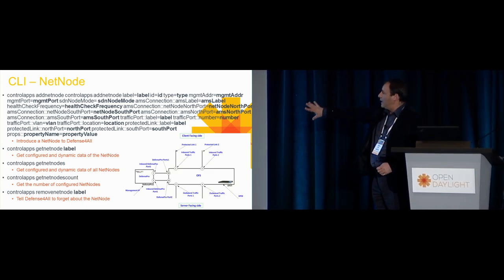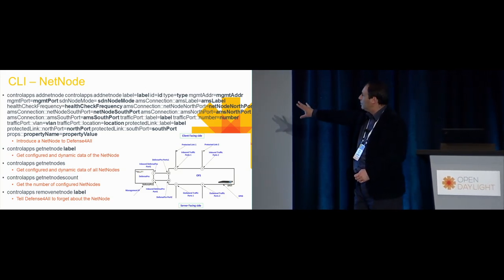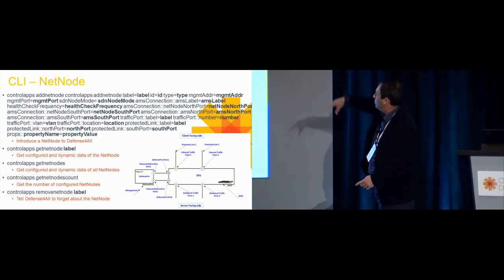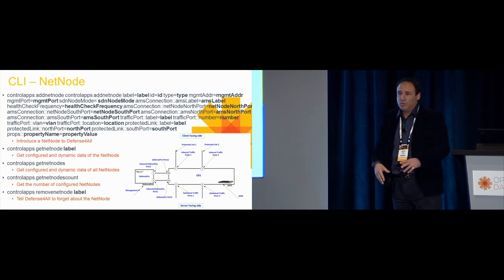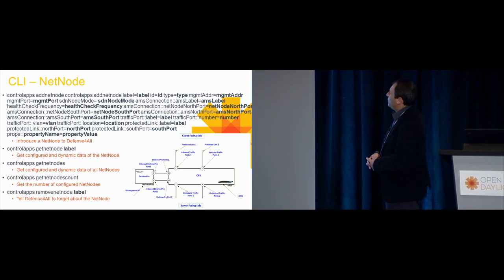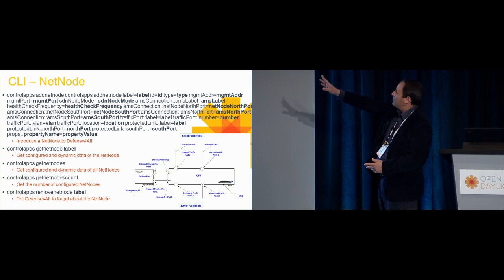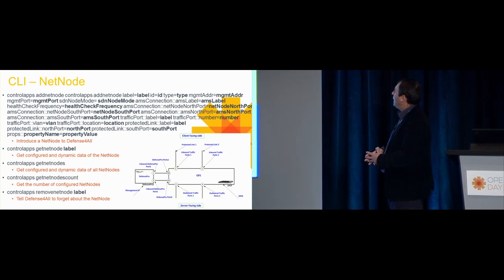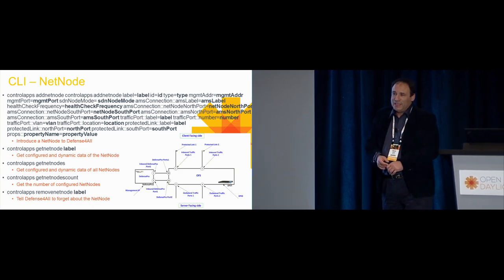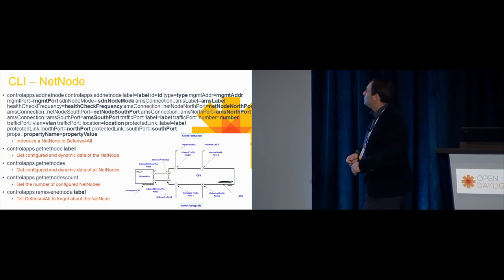To model that, we have the notion of a net node. Network is more general, but those same patterns repeat in more abstract environments as well. So you have control apps at net node. You have to specify its label, ID, type, management address, port. You have to specify whether it's SDN native or SDN hybrid.